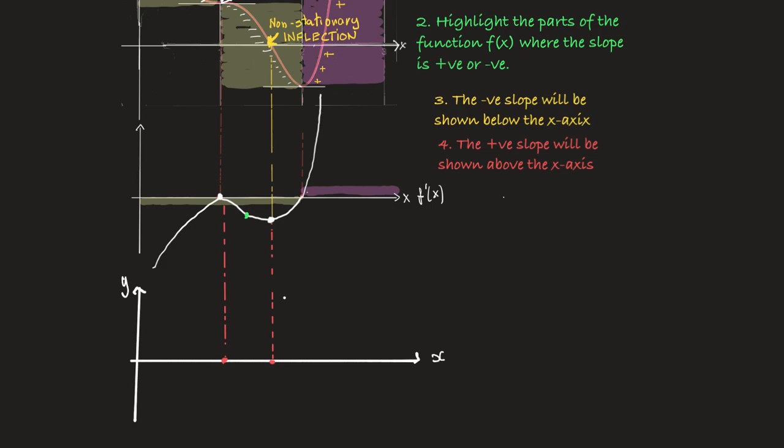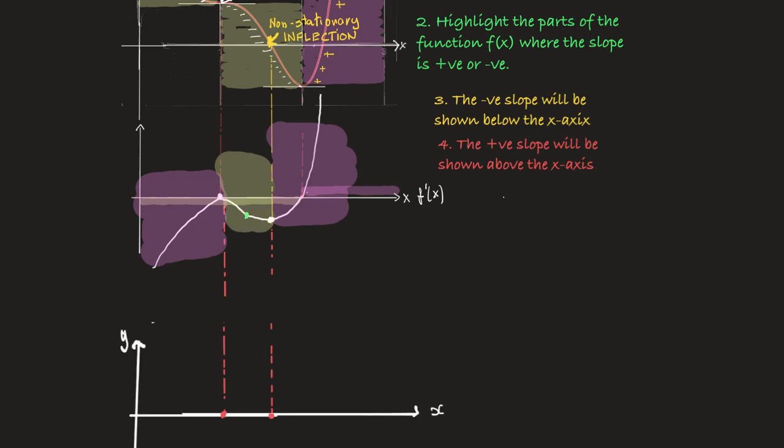Let's see. And so we highlight the positive parts. This is our positive slope, and this positive slope is shown also on the right hand side over here. And then we have a negative slope, which is shown here right in the middle. So I'm just going to highlight these.